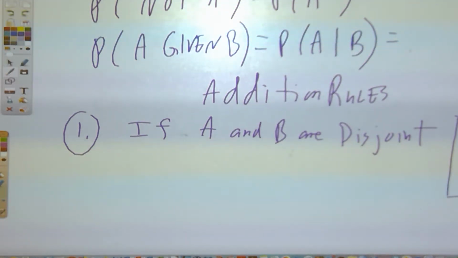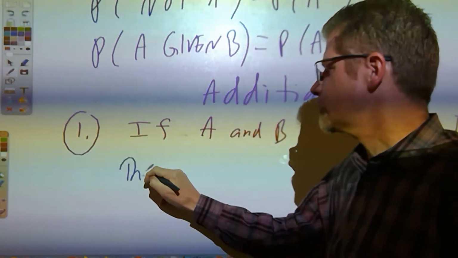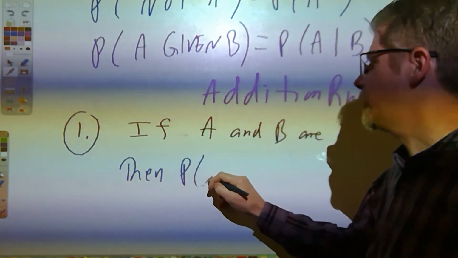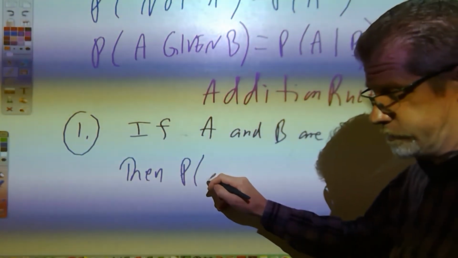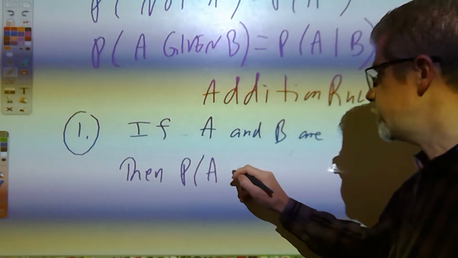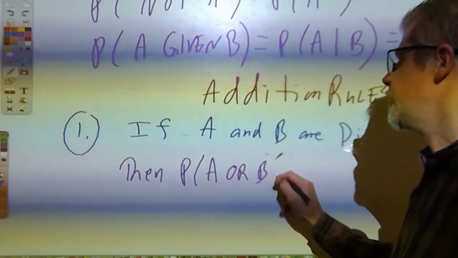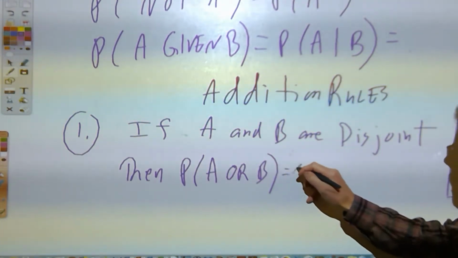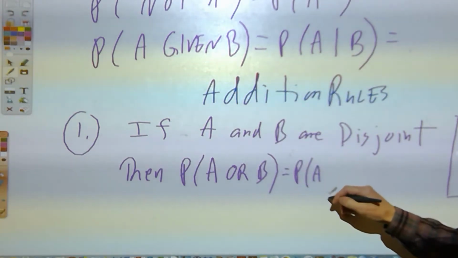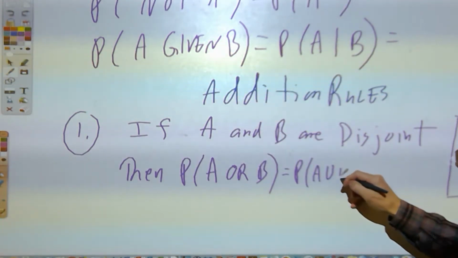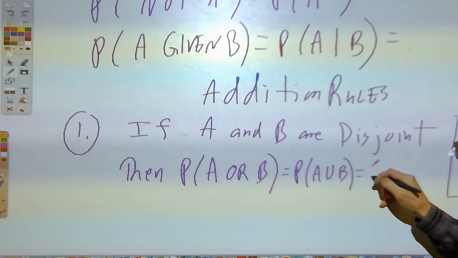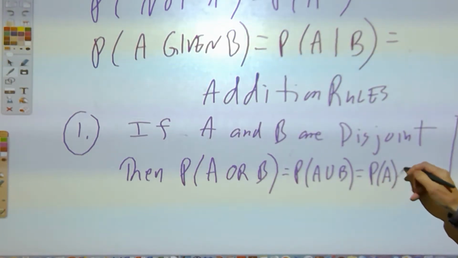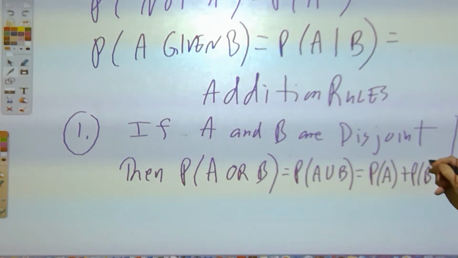So if A and B are disjoint, then, actually let's start with A or B. If you want to find the probability of being in first class or being in third class, symbolized by the probability of A union B, then you would simply take the probability of A plus the probability of B.